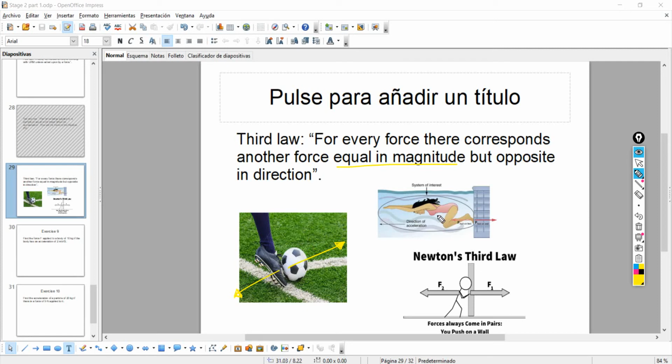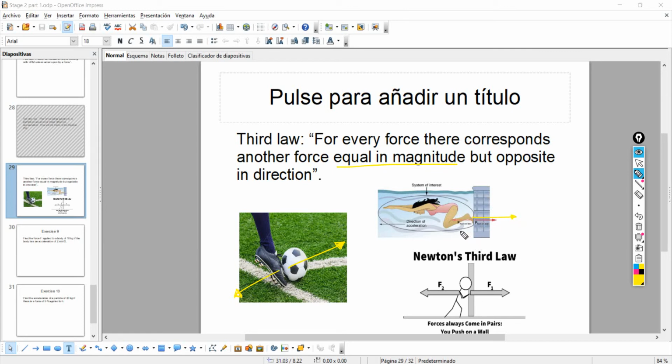Let's look at this image. We have a swimmer and we have this wall. So the swimmer is basically pushing herself by applying a force on the wall. With her foot she's applying a force on the wall in this direction.